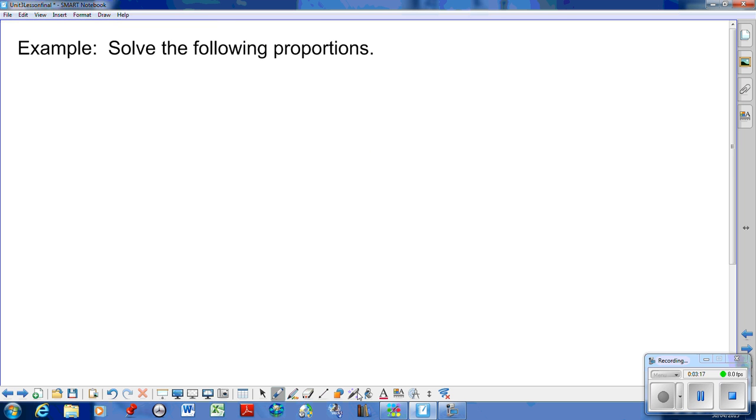Some examples that you're going to work through in the homework. I'll give you a couple here and we'll work through them together and remind each other how to go through it.